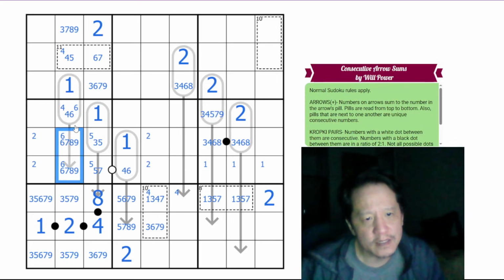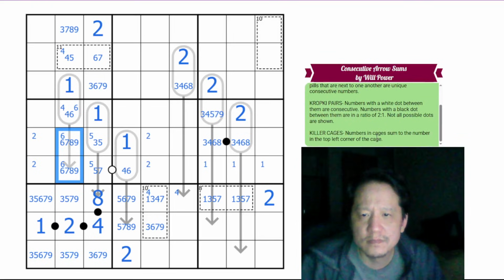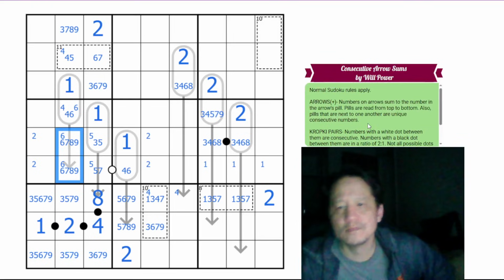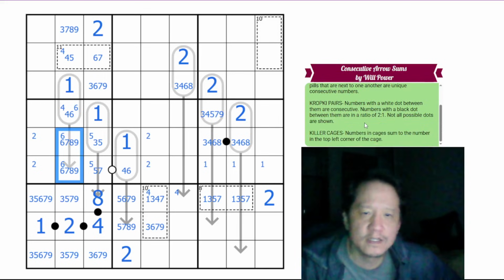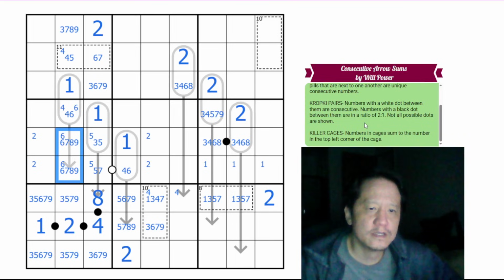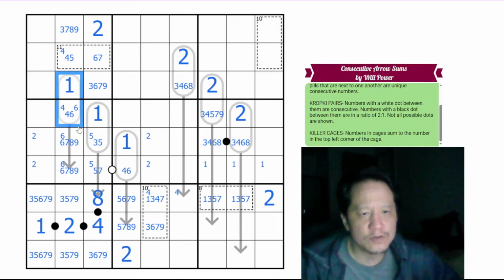This is getting a little hairy. I don't know if these have to be unique.